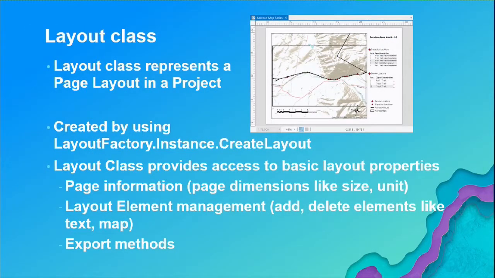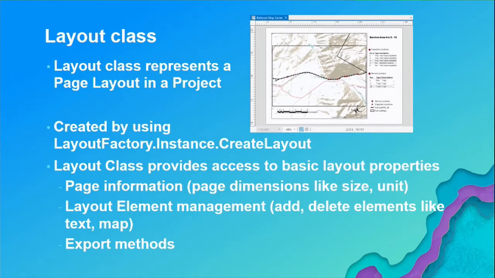And so let's dive into this a little bit. The API provides the layout class. The layout class represents a page layout in a project. So you can see on the right side, that is a page layout. It's created by using the LayoutFactory.Instance.CreateLayout method of the layout factory class.